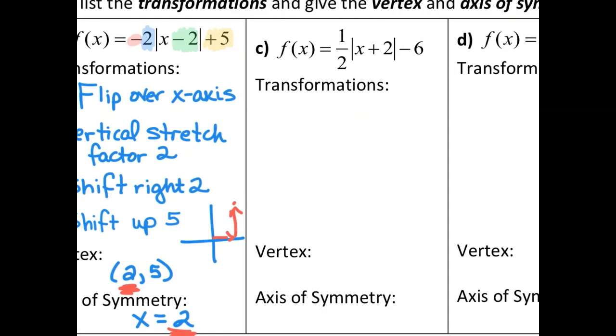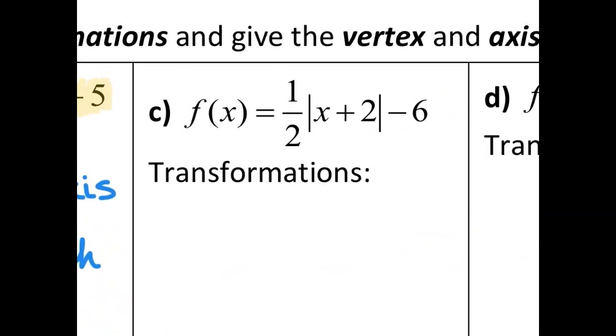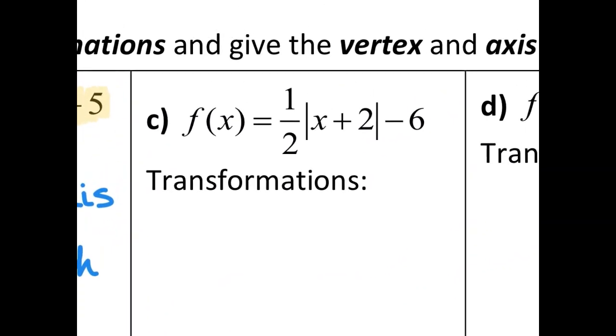So this number and this number are always going to be the same. In part C, I've got 3 transformations. I have this 1/2 that's multiplied at the beginning. I've got the +2 on the inside, and I've got the -6 on the outside. So the 1/2 at the beginning is a vertical compression.